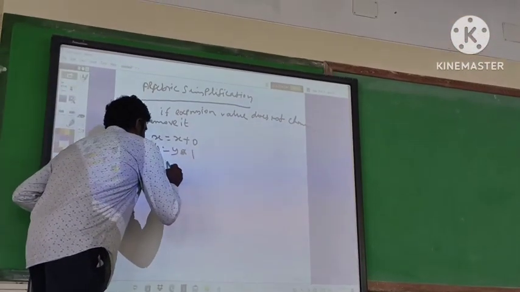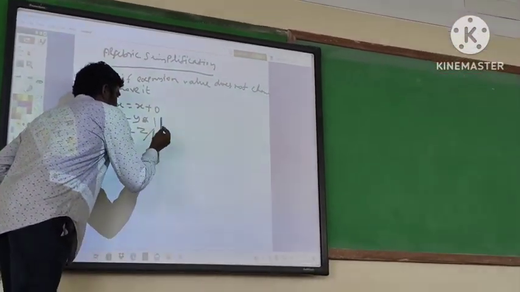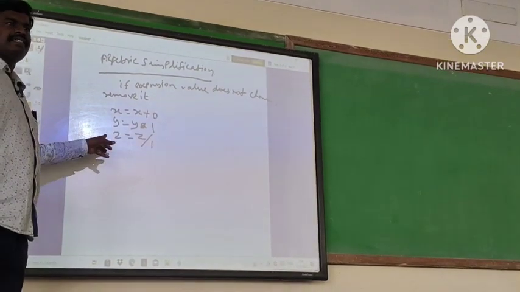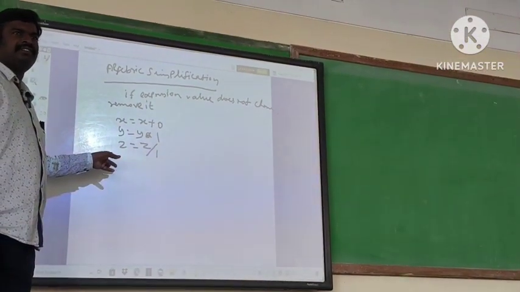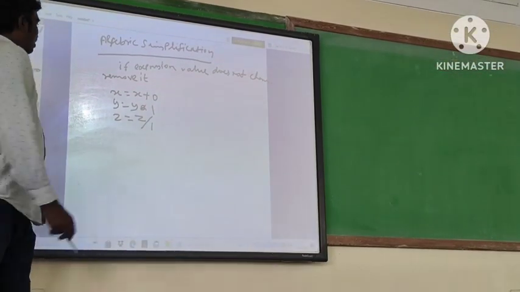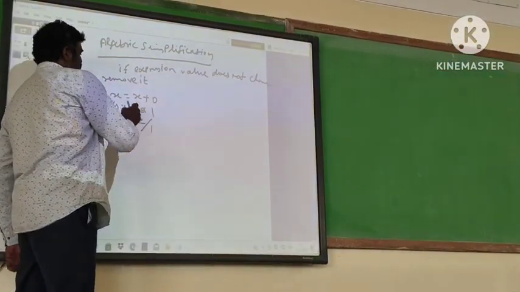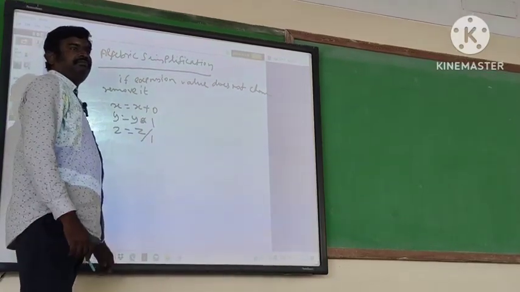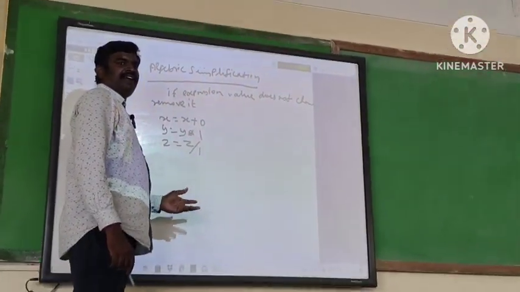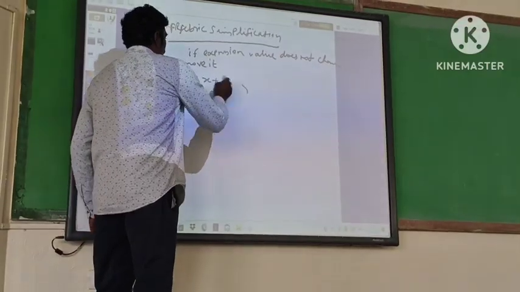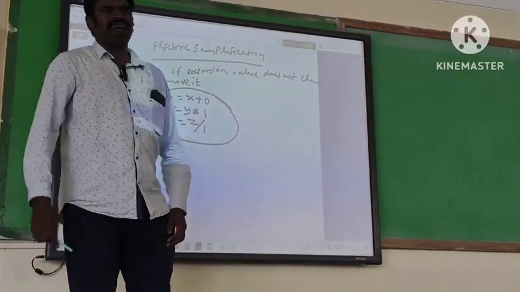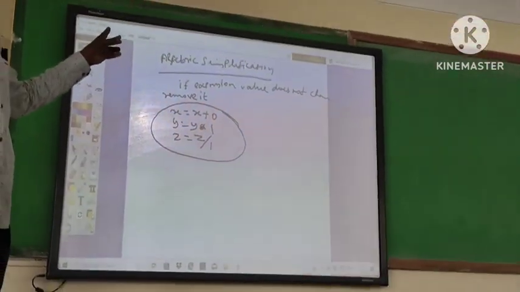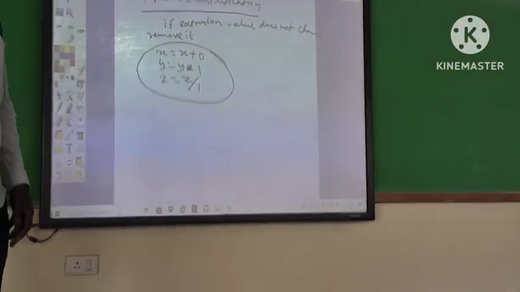Okay, z is equal to z divided by 1. I will get the same value of z here. All these three statements do not change the value of x, y or z. In this case, eliminate all the statements. This is called algebraic simplification.